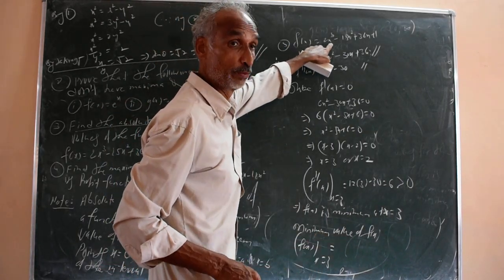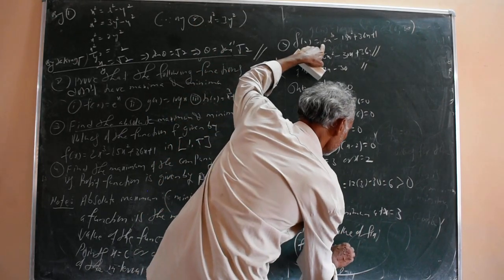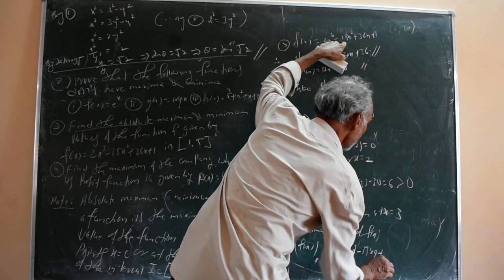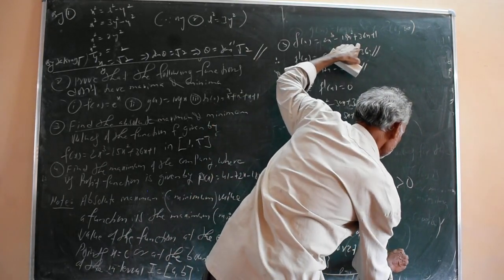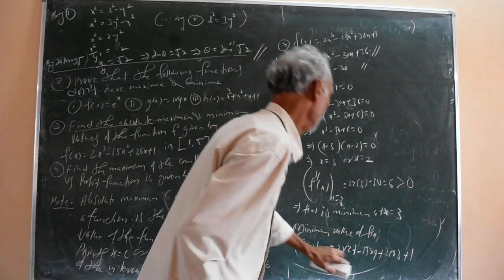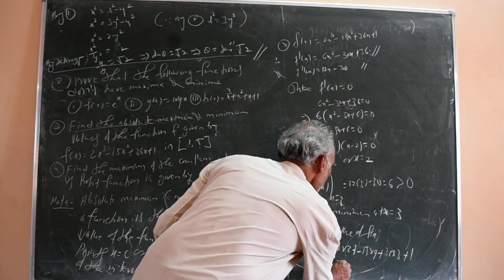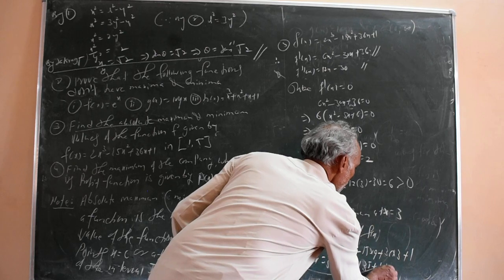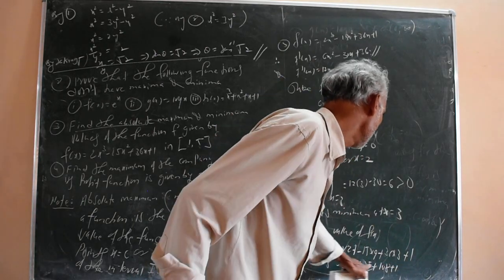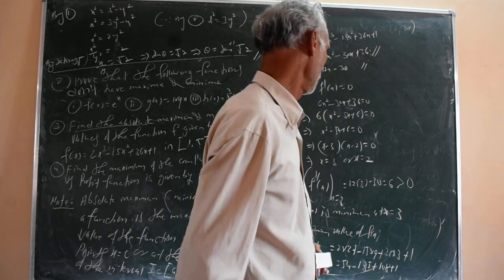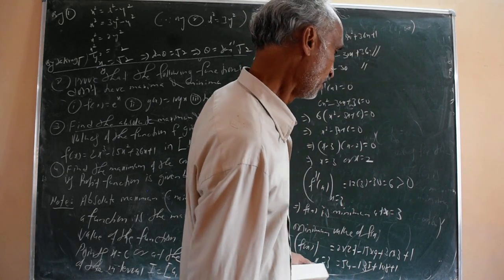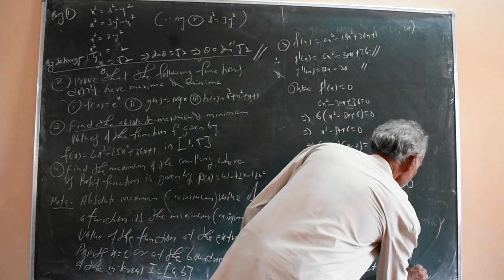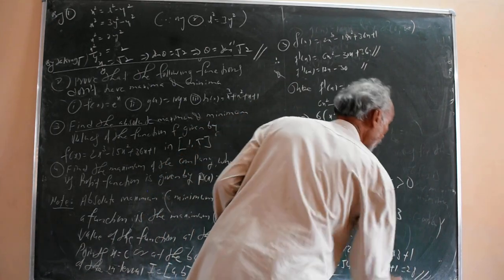F of x is 2x cube, 3 cube is 27, 2 into 27, minus 15 into 9, plus 36 into 3, plus 1. 27 into 2 is 54, minus 135, plus 108, plus 1. 108 plus 1 is 109. 109 plus 54 is 163. 163 minus 135 is equals to 28. So this is the minimum value, the local minimum I got.